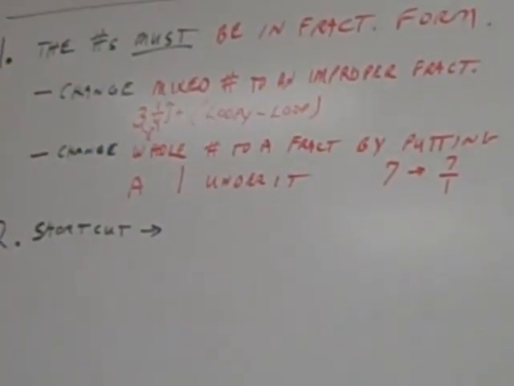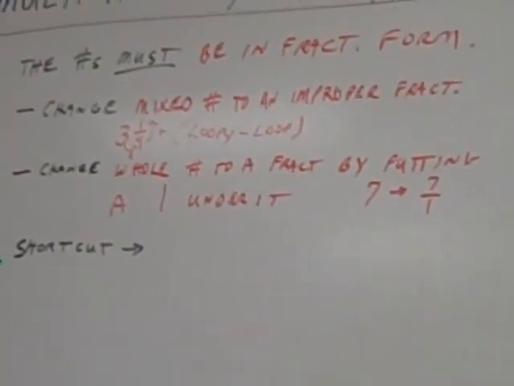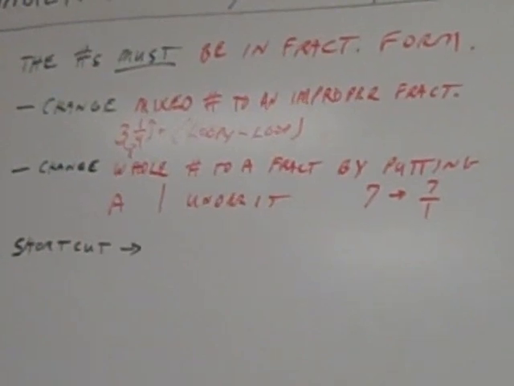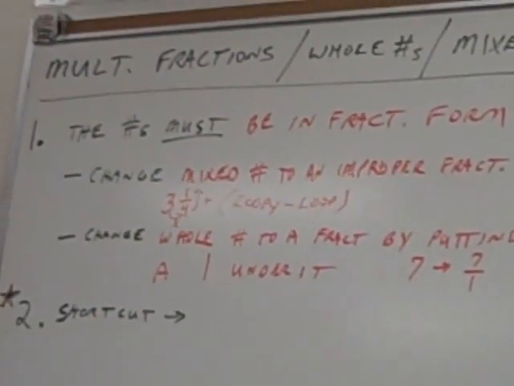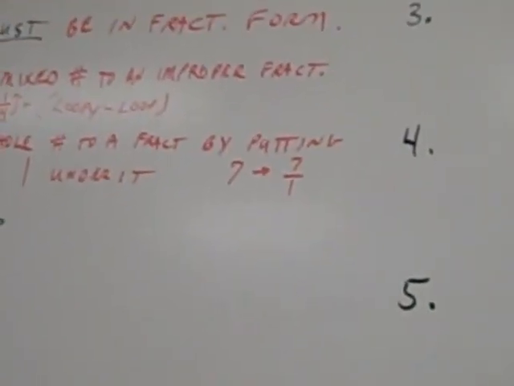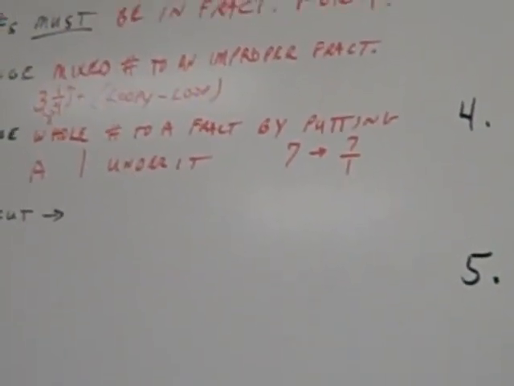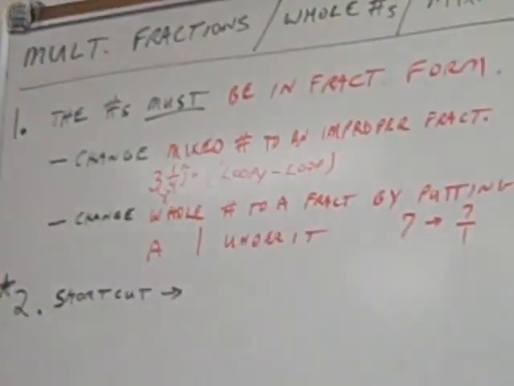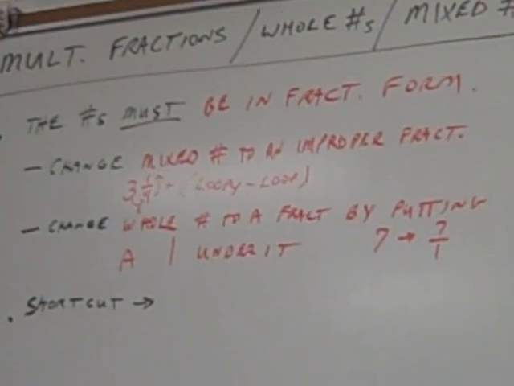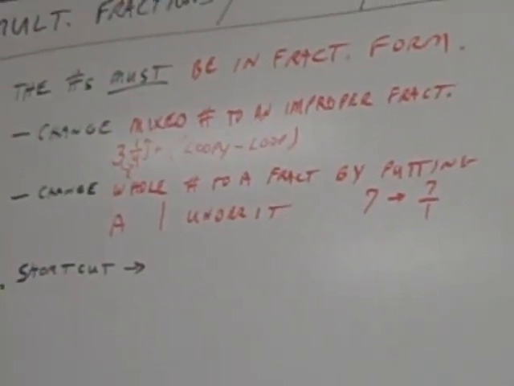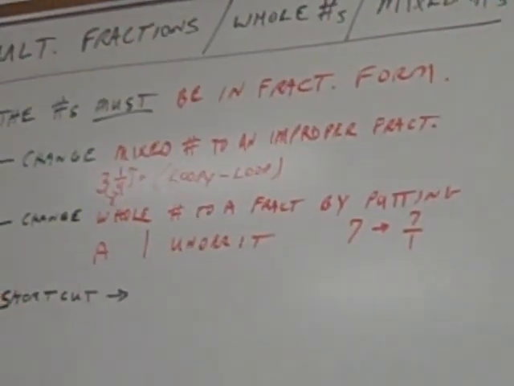I cannot believe you forgot that. Do you remember it now? Yes. A whole number in fraction form is just the number over 1. Don't forget the easiest part of this stuff.